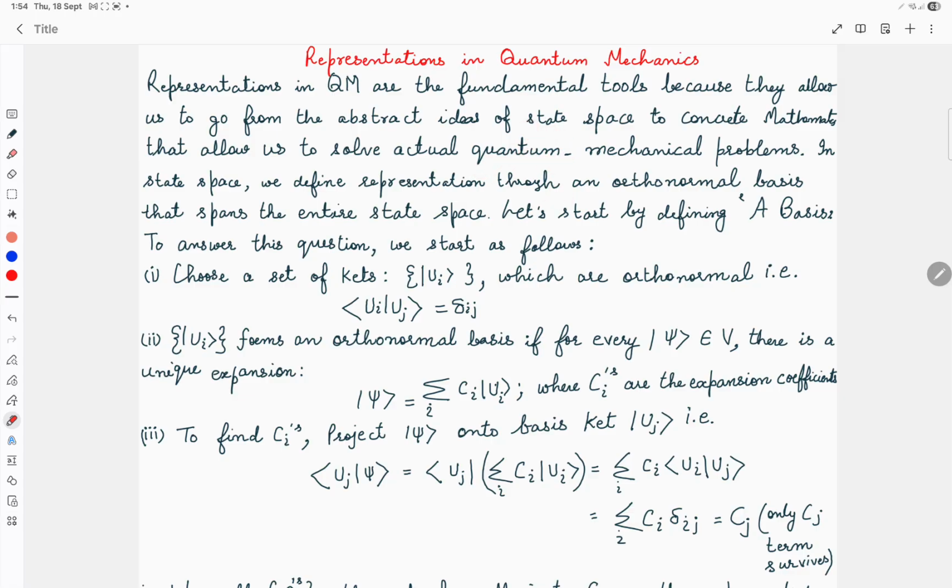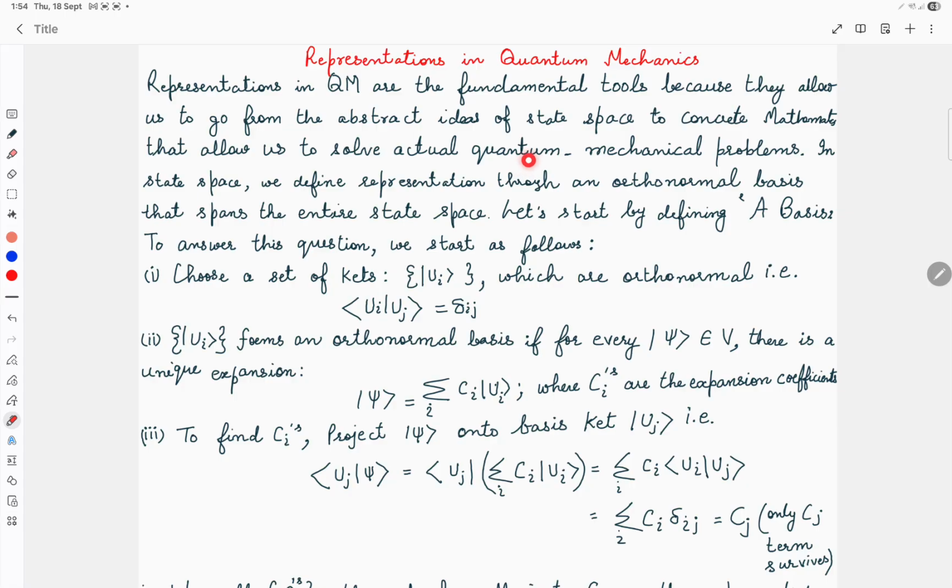Using these two axes as reference, we can describe the complete planar space in the two-dimensional system. In the same way, we have state vectors, which are analogous to vectors in the classical world. So state vectors in the quantum world are equivalent to vectors in the classical world, and state space is just equivalent to the vector space.